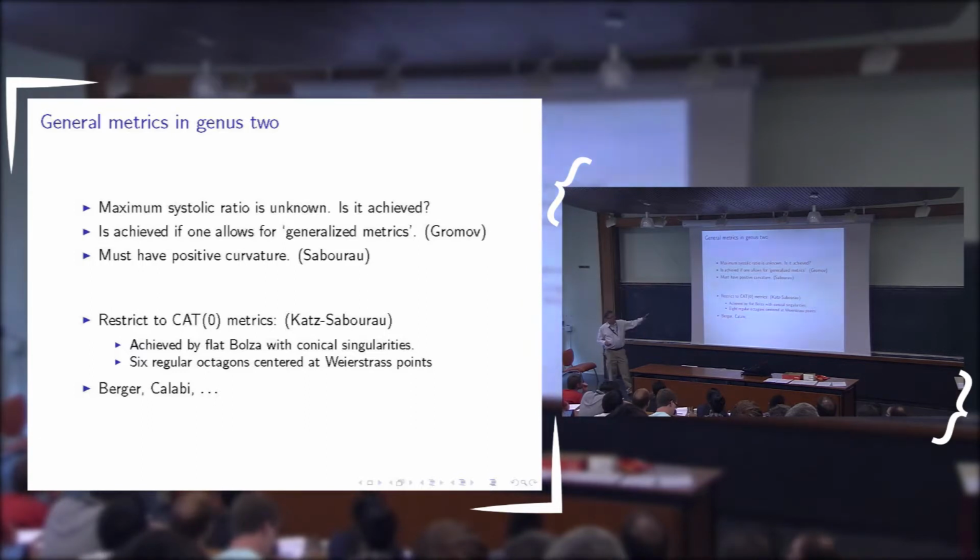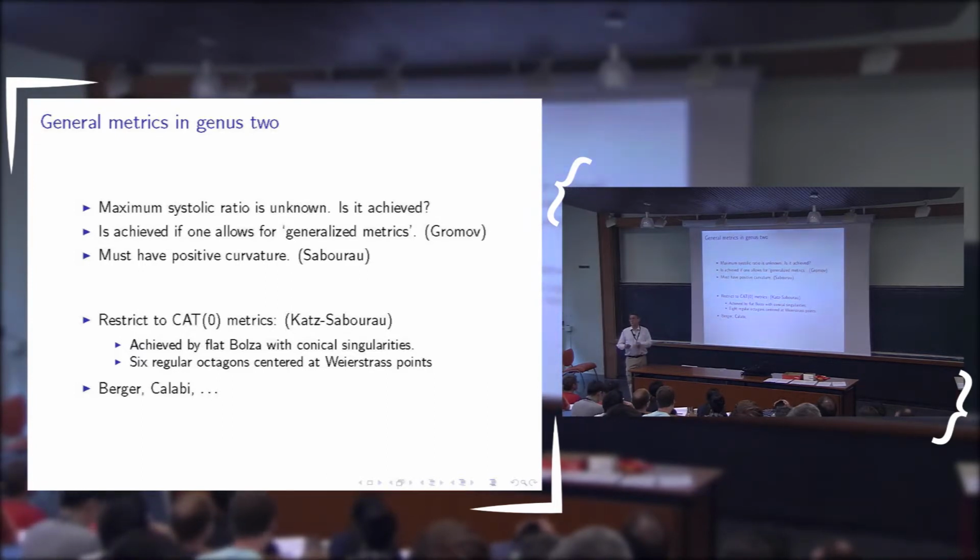If you restrict to just CAT(0) metrics, so non-positive curvature, then in genus 2 you can achieve the maximum systolic ratio with a flat Bolza surface with conical singularities. The reason I call it Bolza is because it's conformally equivalent to the Bolza surface.